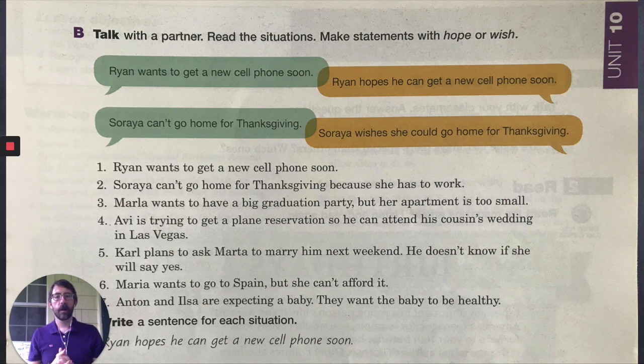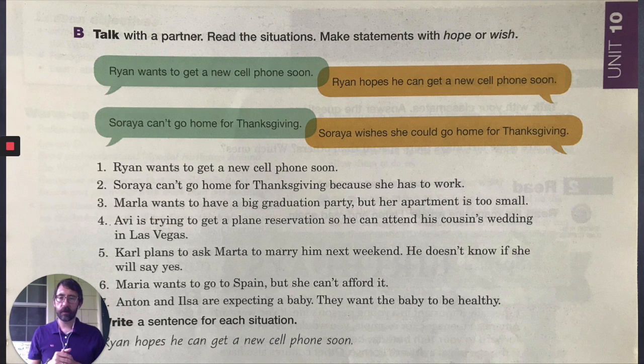Okay, so here, begin thinking, is this something possible or not possible? To me, the context says not possible, right? Because she thinks her apartment is too small to have a big graduation party. So it's likely that she wishes she could have a graduation party, as an example.